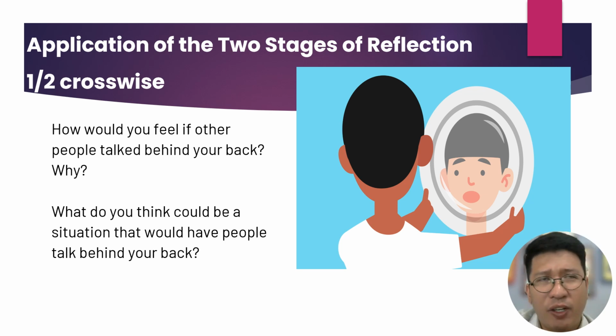So what is your feeling about that? You write it on the one half crosswise. The second question: What do you think could be a situation that would have people talk behind your back? So you have two questions. You answer these on the one half crosswise, and I will assign your president to collect the papers or your answers.